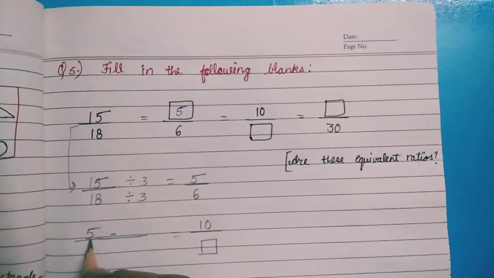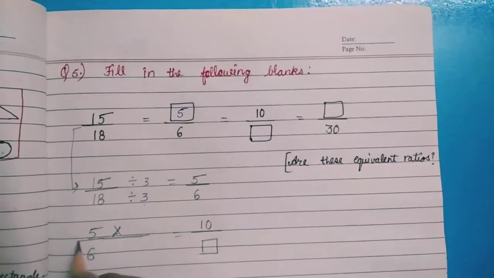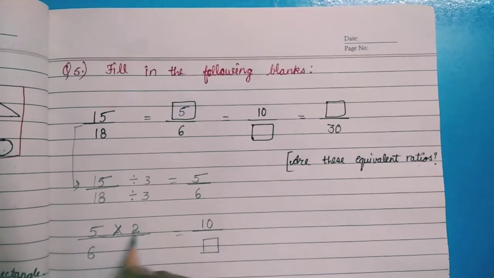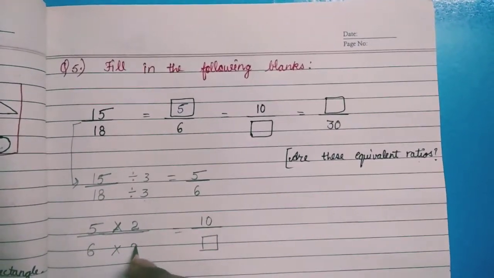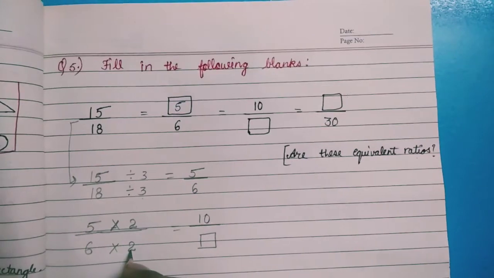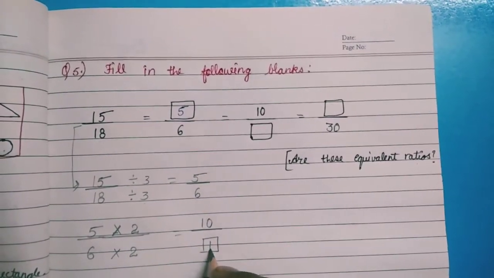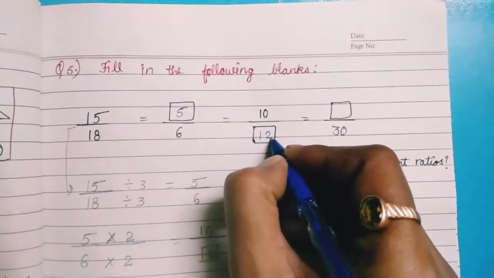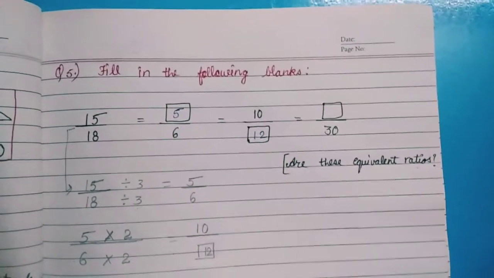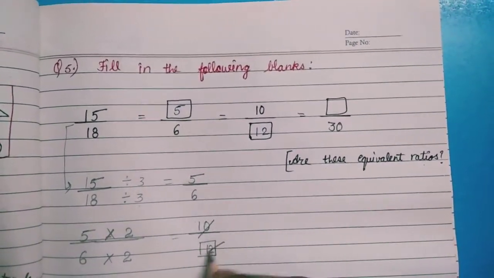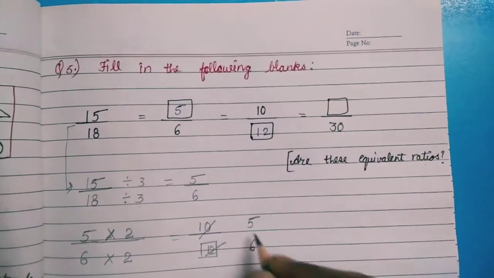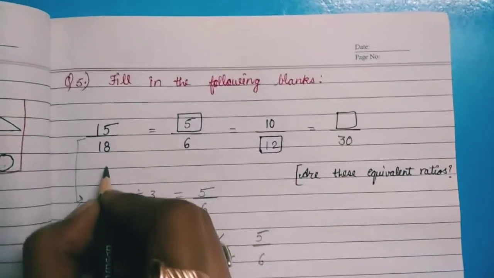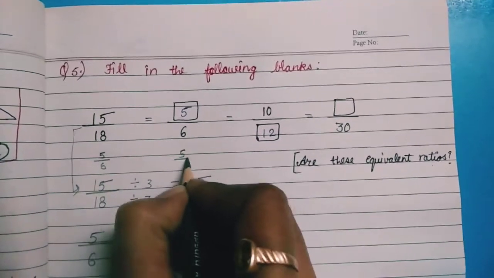You can simply see in the table of 5, 10 comes 2 times. So if we multiply by 2 in the numerator, the same number we will multiply in the denominator. So 6 2s are 12. So 12 will come here, and when we reduce 10 and 12 by the table of 2, we get its simplest form also, 5 by 6.